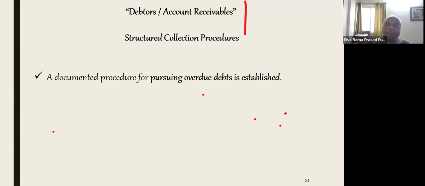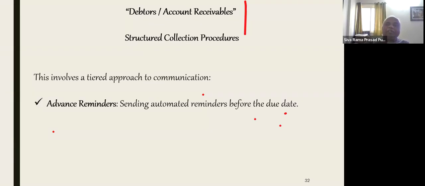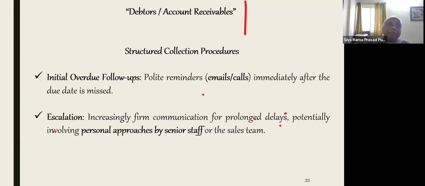A documented procedure for pursuing overdue debts is established. For every company it is compulsory. Otherwise, the company will not survive. This is a must. Advance reminders the company has to give before the due date, and initial overdues follow.